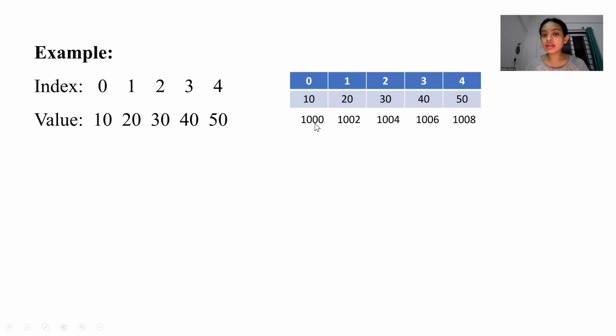The next memory address is 1002, which is index number 1, storing 20. In the same way, 1004 is storing 30, index number 2. 1006, 40, index 3. 1008, 50, index 4. You can see that there is a difference of 2 because an integer stores 2 bytes. Okay, this was the example.